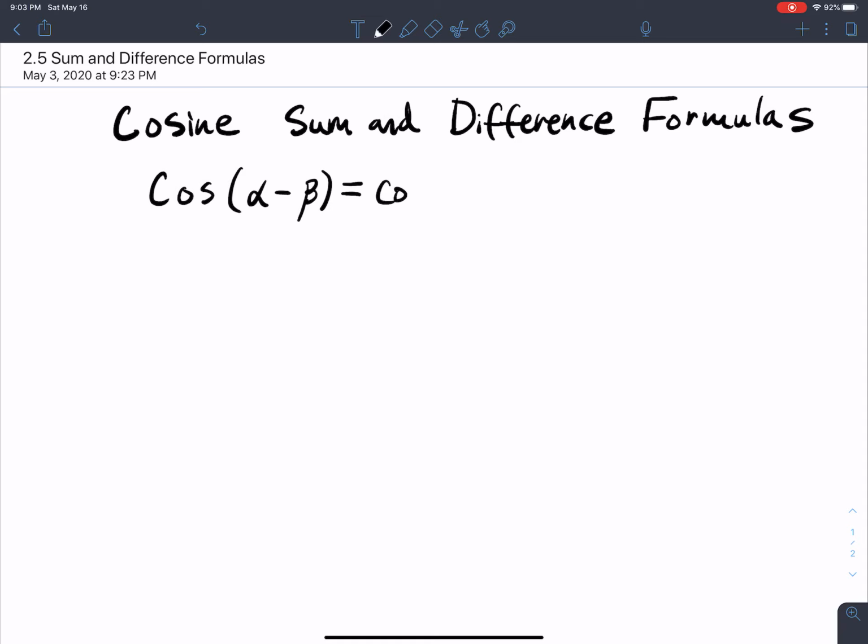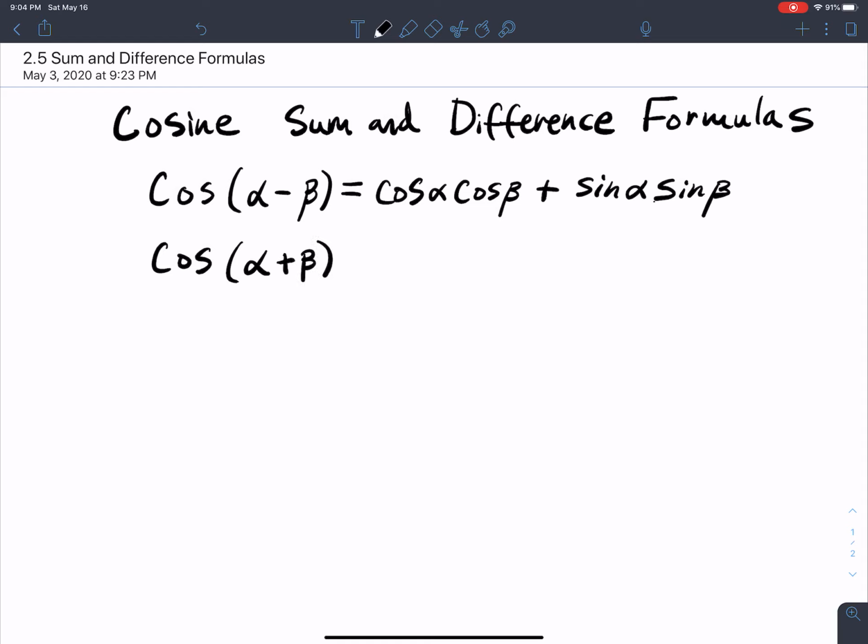It equals the cosine of alpha times the cosine of beta plus the sine of alpha times the sine of beta. And the cosine sum identity, alpha plus beta, is equal to cosine alpha cosine beta minus sine alpha sine beta.